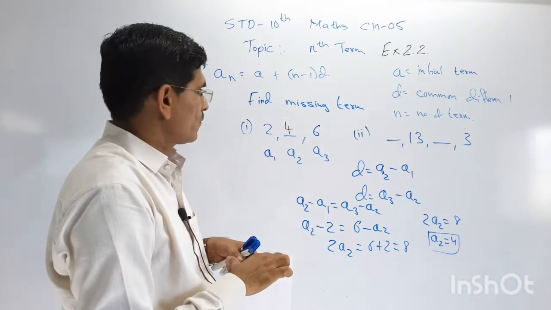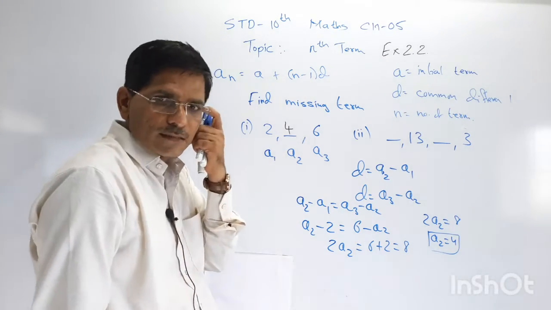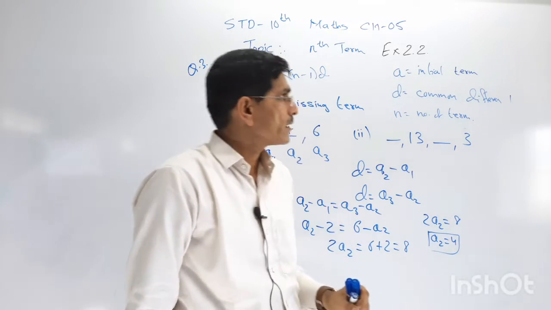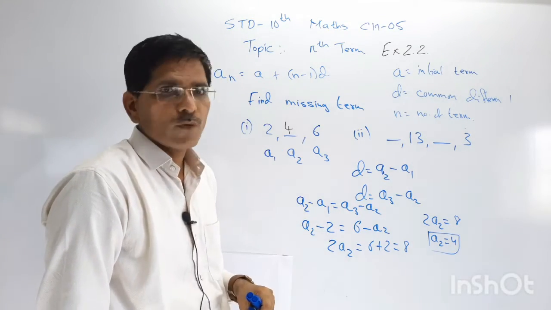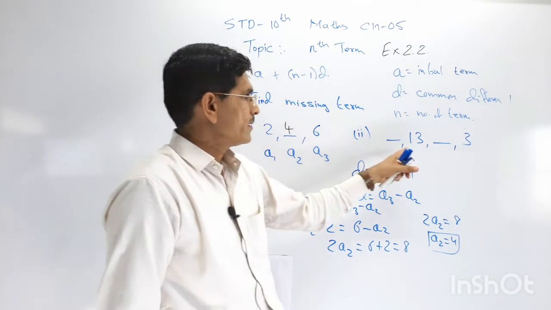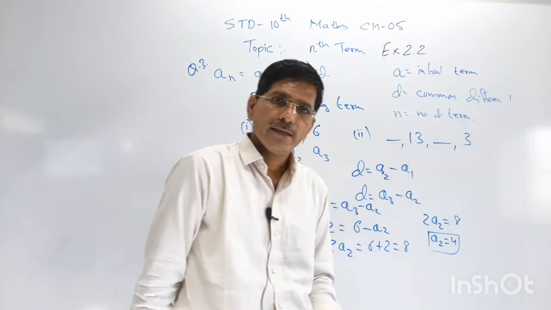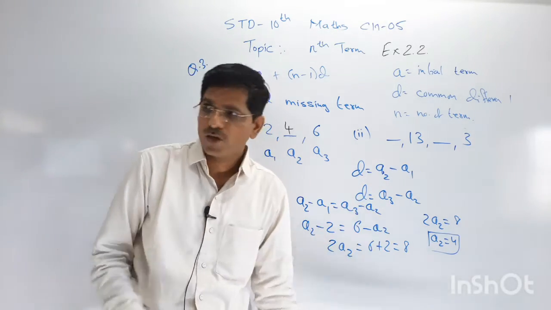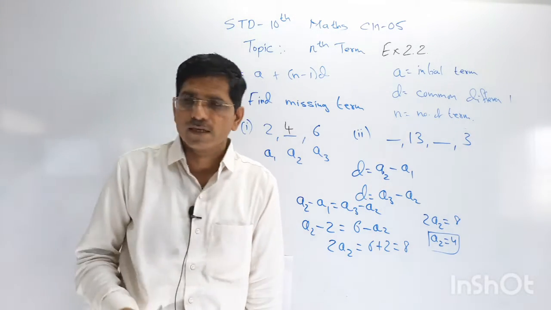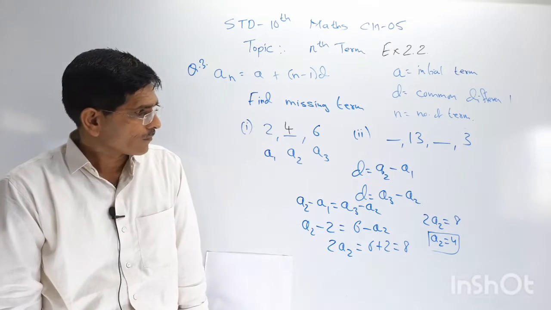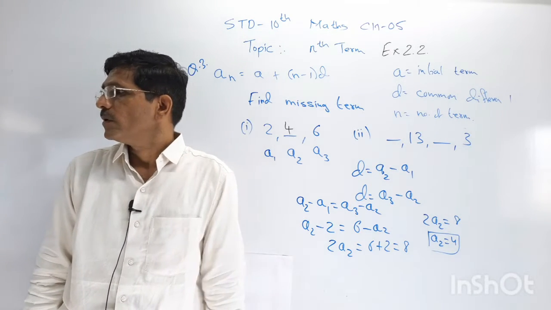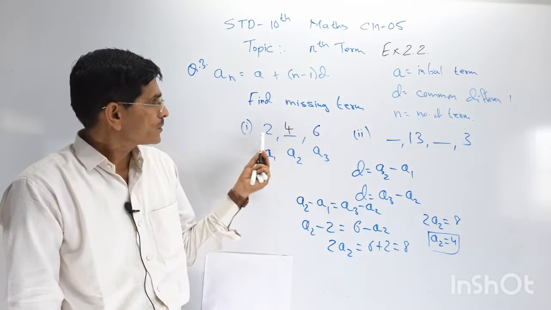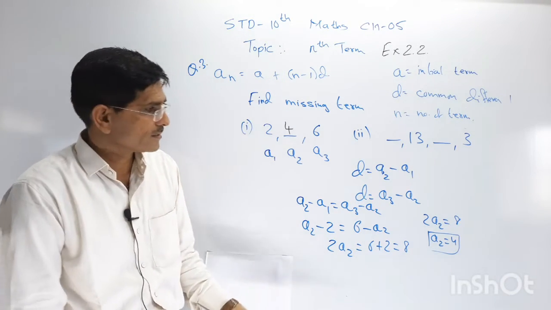So 2, 4, 6. By using the difference D, we can also find the first, second and third terms.